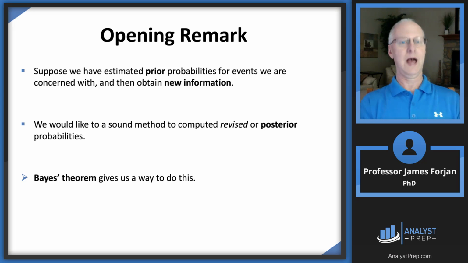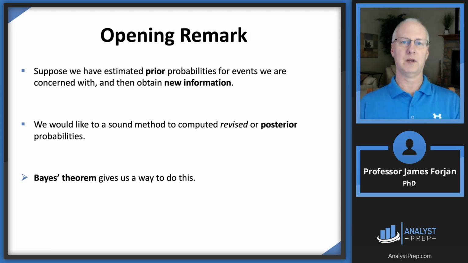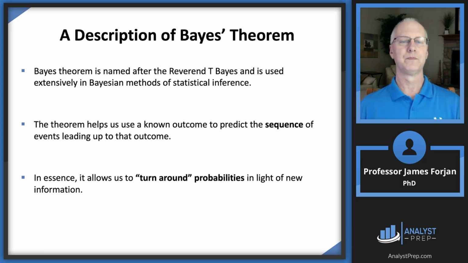Then we would like to develop a sound method to compute revised or posterior probabilities. The more we learn about those students who accept our invitation to attend our college, the more likely we'll be able to predict that final outcome. This is what Bayes' theorem provides for us.